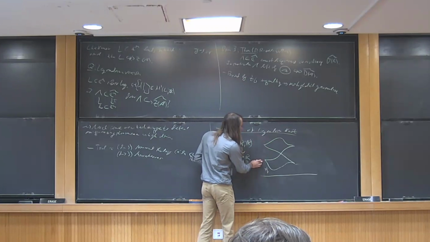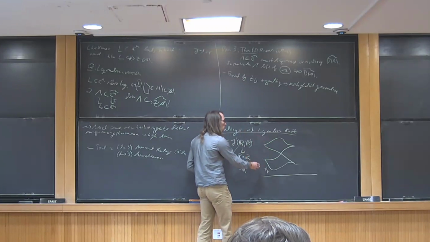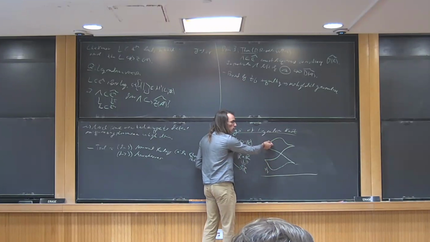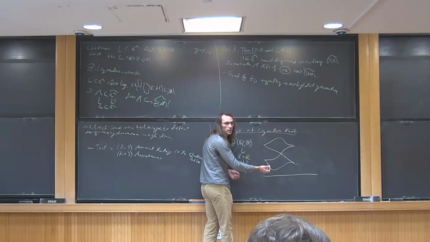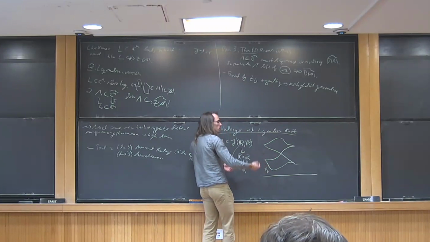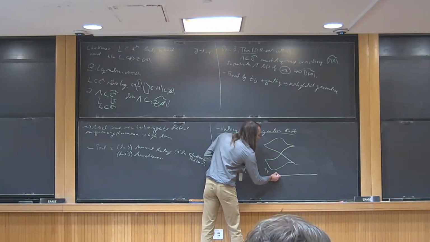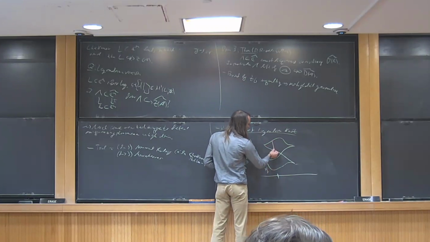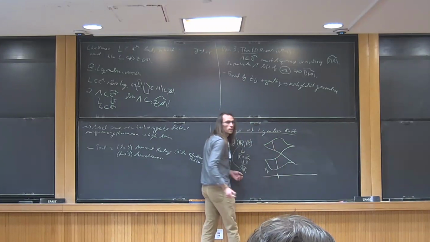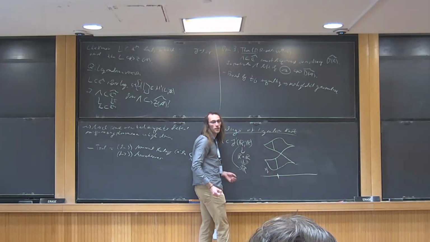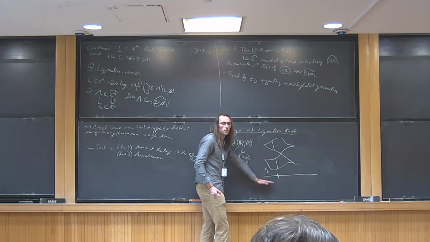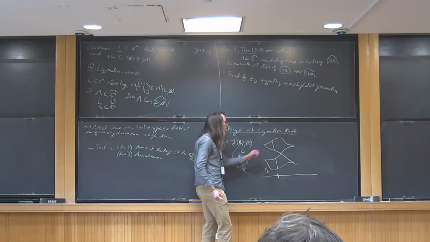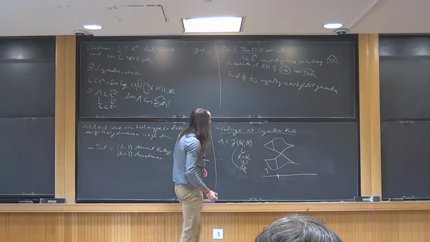Okay. So what's a ruling? A ruling is a fiberwise matching of strands of the Legendrian. That means that over a point down here, I want to pair up the pre-images of lambda under this projection.